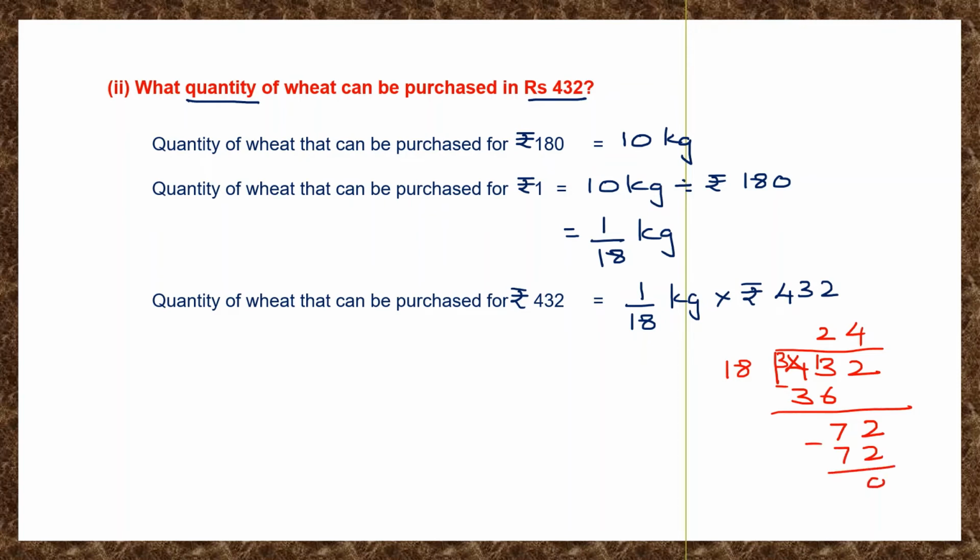So here what do we have? Our answer is 24. So for 432 rupees, you can get 24 kg of wheat. So this is our answer. We've been asked to find how much wheat you can get if you give 432 rupees. Now we know that you can get 24 kg of wheat.